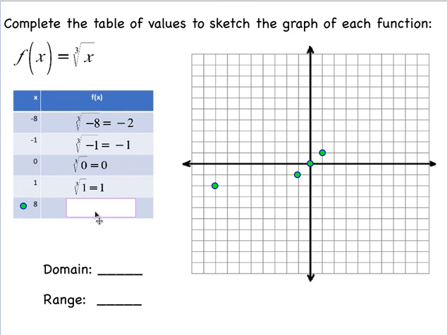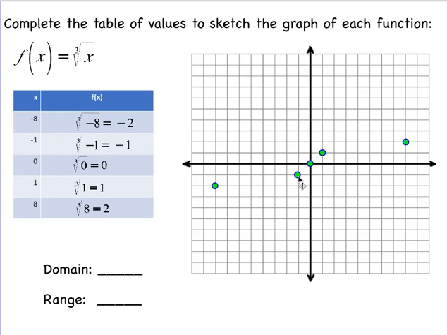And the cube root of 8 is going to be +2. So 1, 2, 3, 4, 5, 6, 7, 8, and up 1 and 2. Now, you might be tempted to say, oh, look, I have a straight line here. But remember that the cube root function is the inverse of x to the third power.